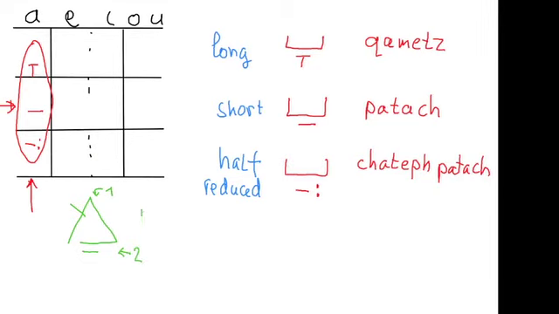And you get the word ma. As you can see, this word ends with a vowel. This ma is what we call an open syllable.